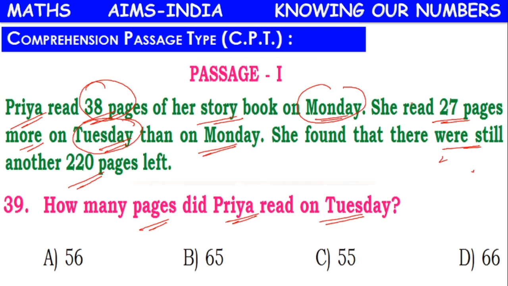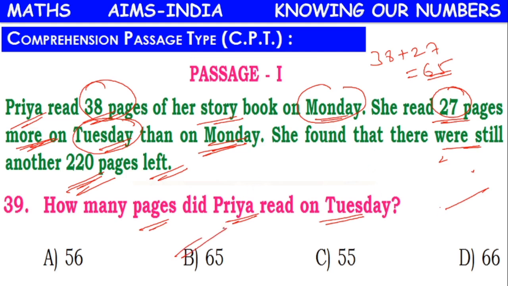On Tuesday she read 27 pages more than on Monday, so 38 plus 27, that is 65. But to confuse you, they have given another hint, that there were still 220 pages left. For this question that is not needed. 65 is the correct answer.